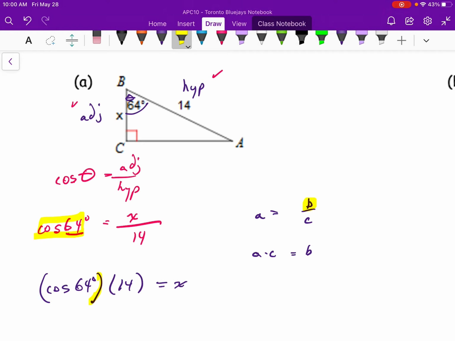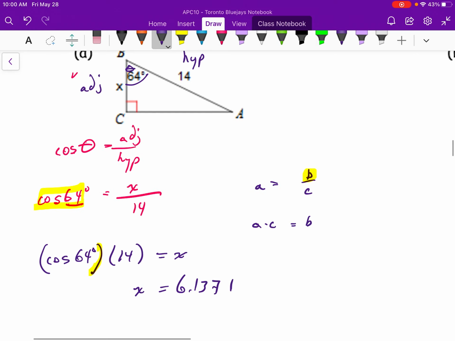And the answer that I get is x is equal to 6.1371. Now, I'm going to round to 3 decimal places. 6.137.